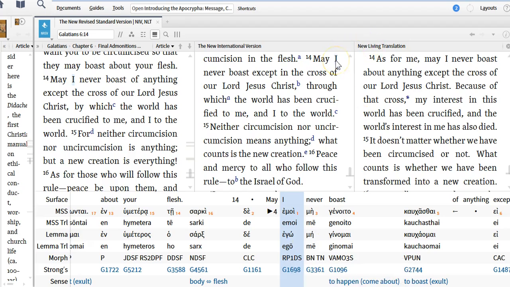And all three translations, rather than using what would in English be an awkward expression, "may boasting not be mine," simply transfer this so that I am now the subject of boasting. May I never boast.